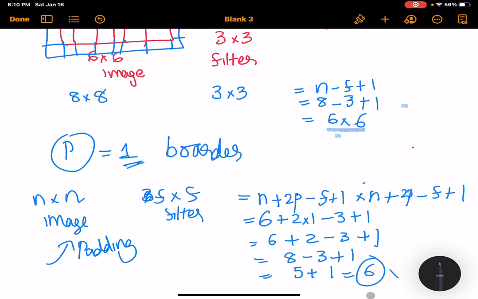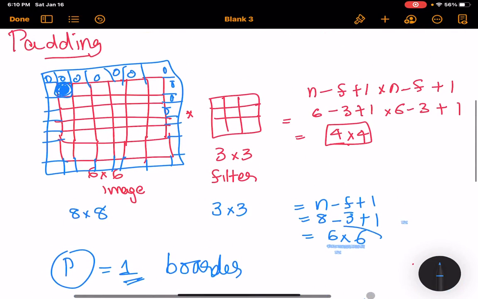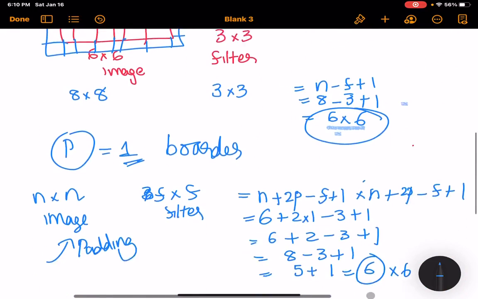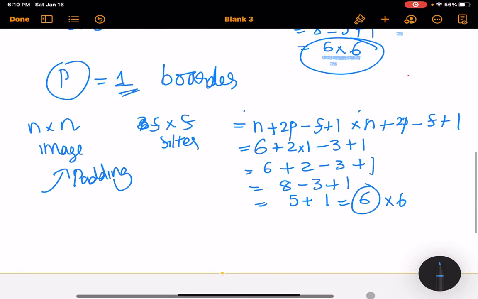So we get a 6 cross 6 output from this convolution, and if you remember, this is exactly what we got. So my formula becomes n plus 2p minus f plus 1 if I am considering my padding operation.